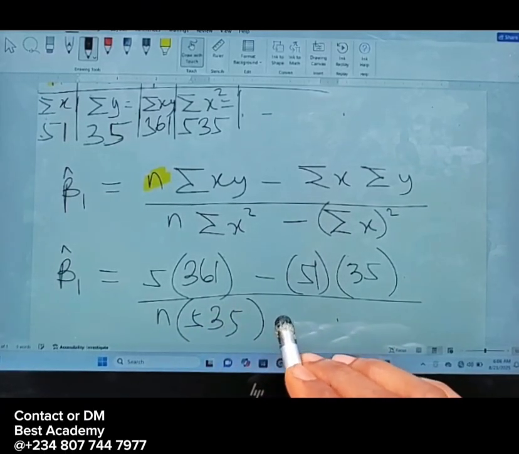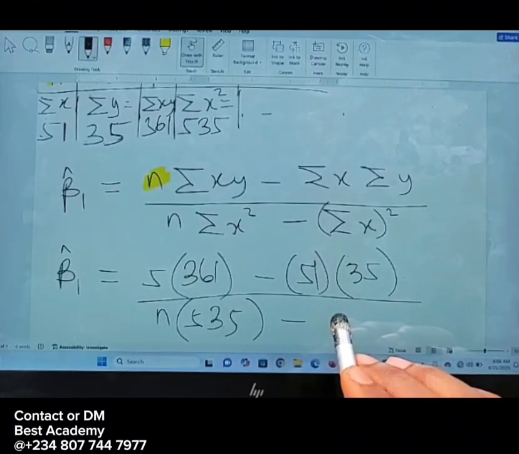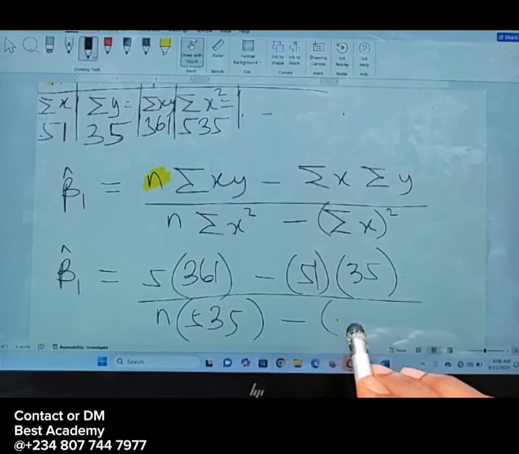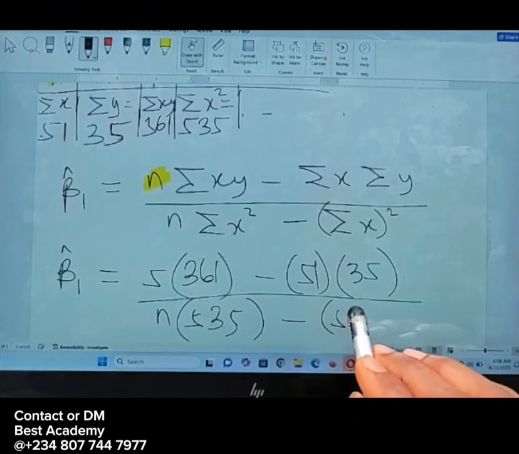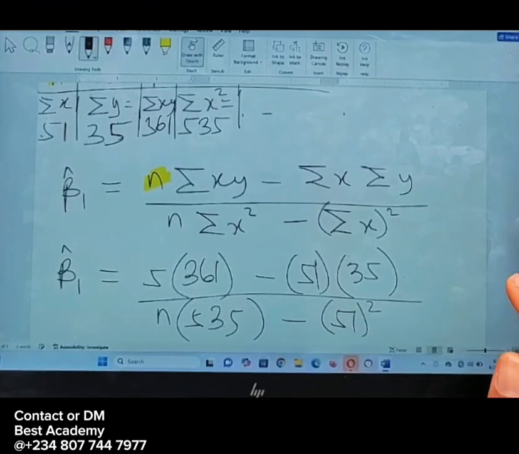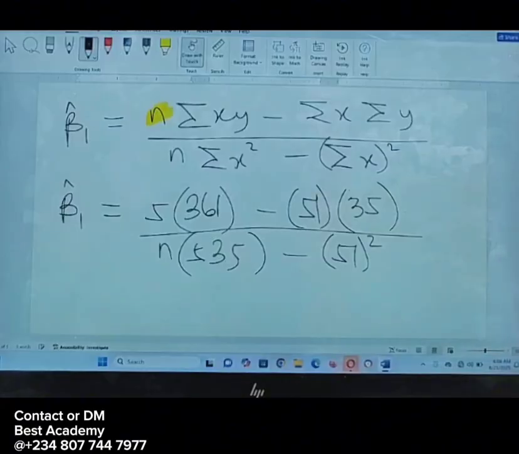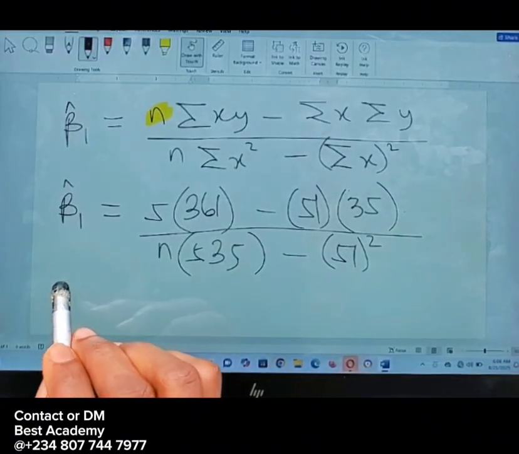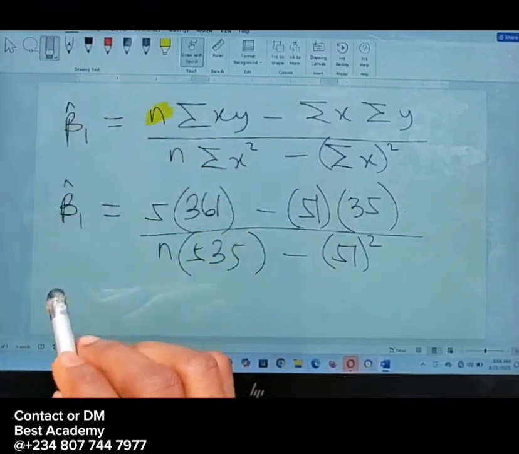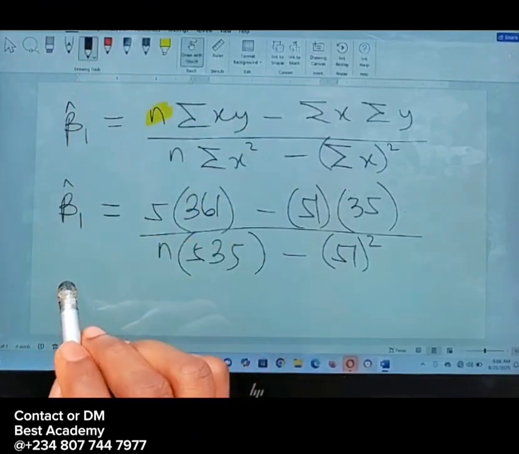Minus, remember sum of s is said to be 51. You square that to be sum of s all square, 51 all square. So let's have the value here. That is beta 1 hat only.